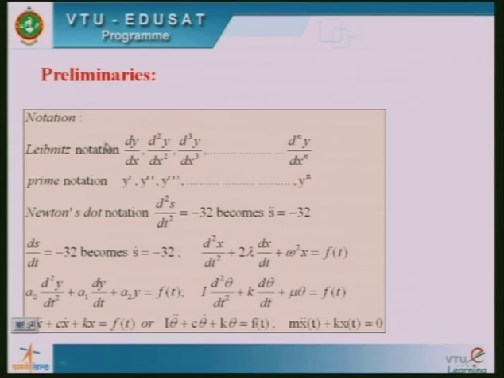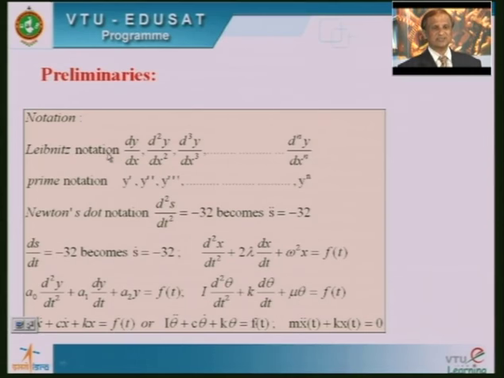First one is notation, because differential equations can be written down in various forms, right. Now, first one is Leibniz notation. Differential equations can be written down using the symbol dy/dx, or d²y/dx², or d³y/dx³, and so on, dⁿy/dxⁿ, right.